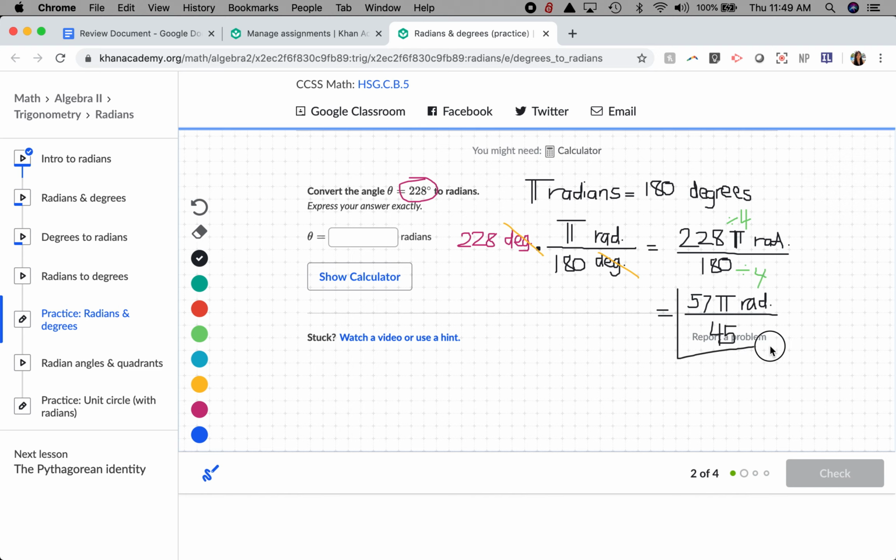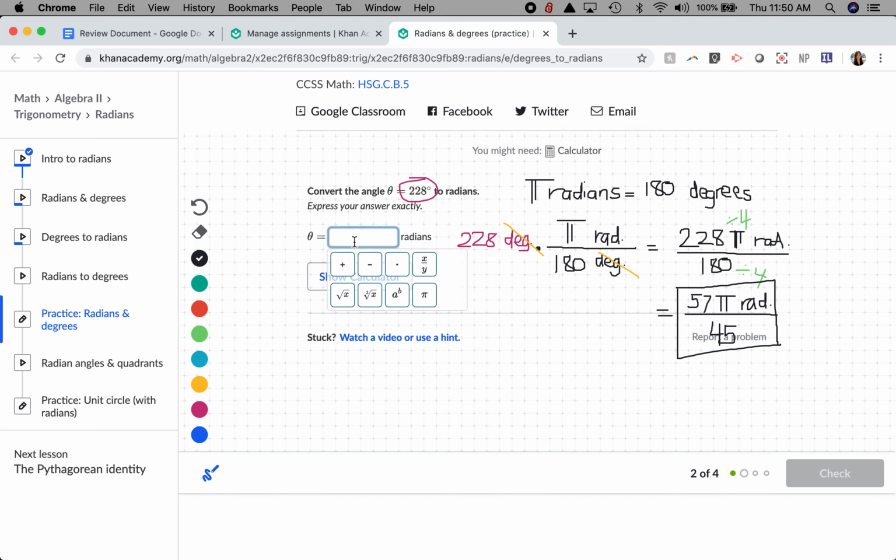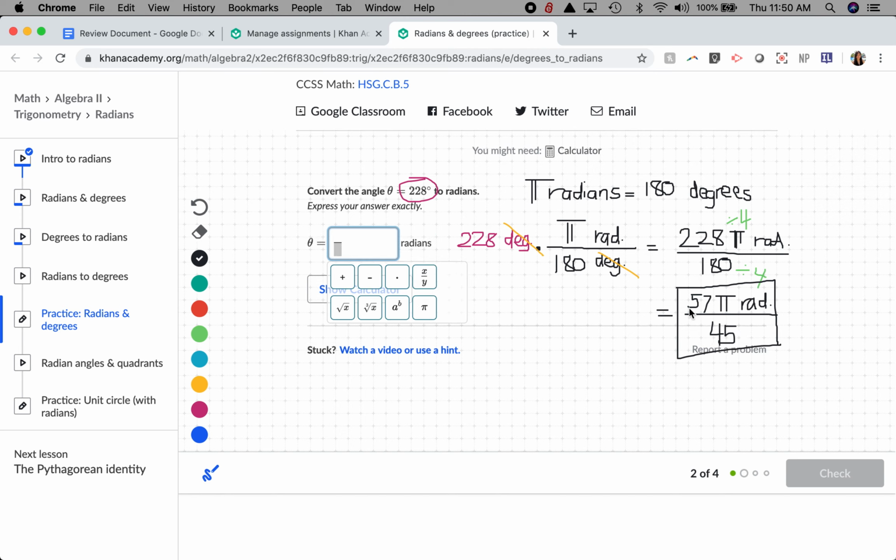And that is this fraction in lowest terms, which means that that is our final answer. Let's see how we can type this up. Okay, so there's this button that allows you to write down a fraction. In the numerator, we've got 57 pi, so 57. There's a button here for pi. And in the denominator, you've got 45, so 45.